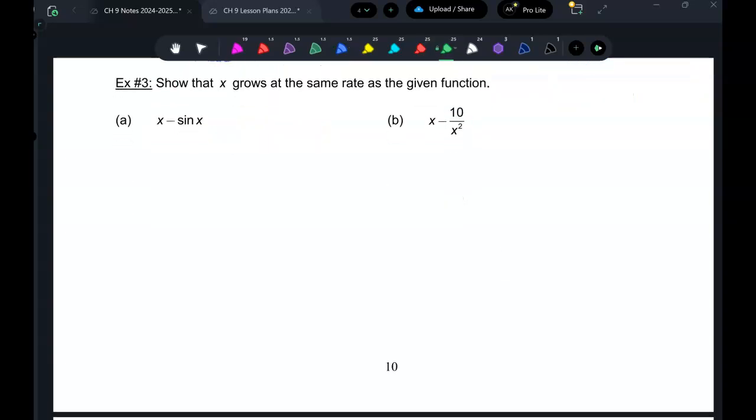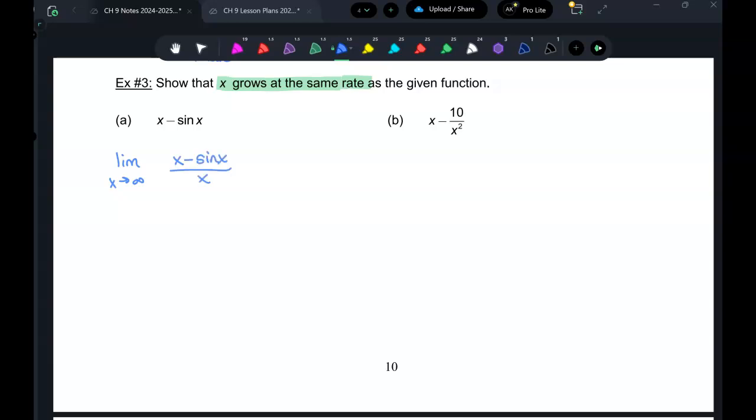Okay, next one, we want to show that x grows at the same rate. So if we want that it grows at the same rate, that means when we do the limit, we should get a real number other than 0. Okay, so there's an easier one to put in the numerator this time. Sin x.